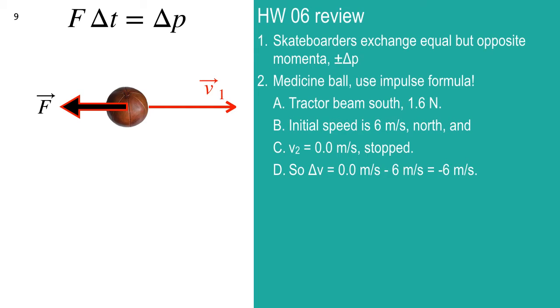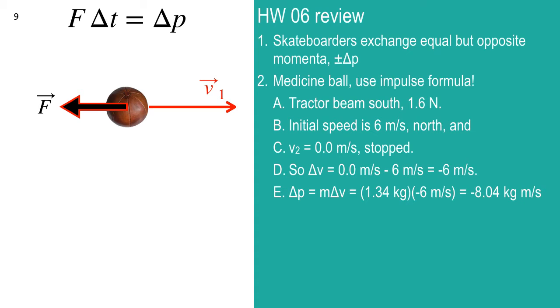So that means you can figure out delta P, in other words, the right-hand side of the impulse equation, because that's just the mass of the medicine ball times delta V. The mass of the medicine ball in this example is 1.34 kilograms. I forgot to put that up at the top, but that's what it is, right here in 2E.